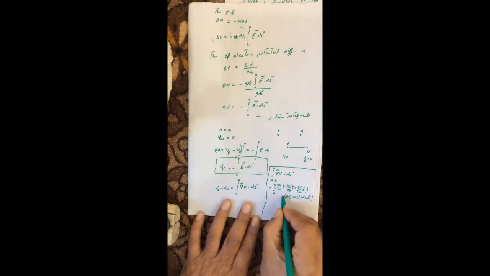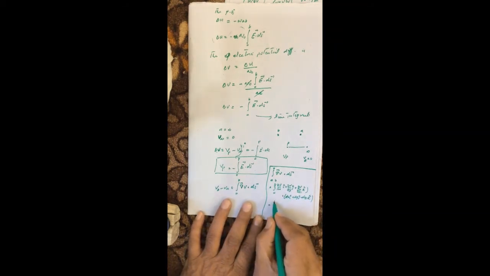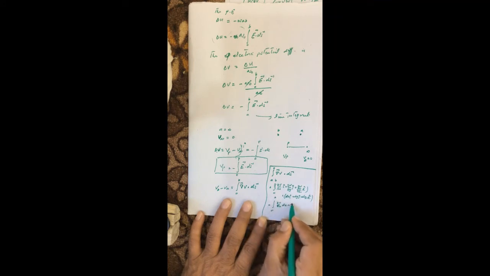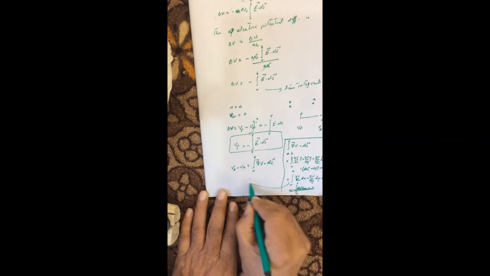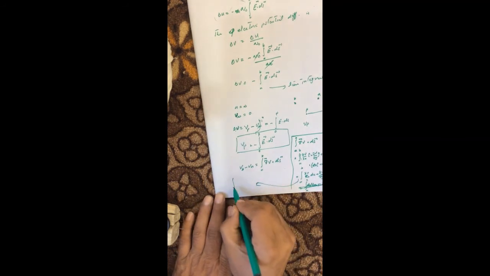Now if we take the dot product of these two, we get integral from A to B of partial V over partial x dx plus partial V over partial y dy plus partial V over partial z dz. This can be written as integral from A to B of dV(x, y, z).